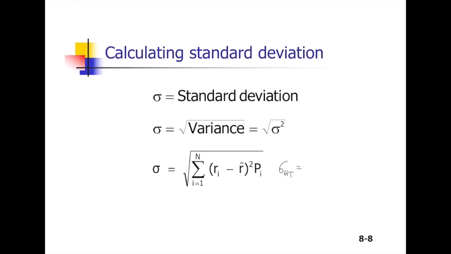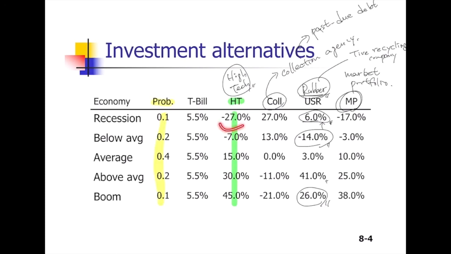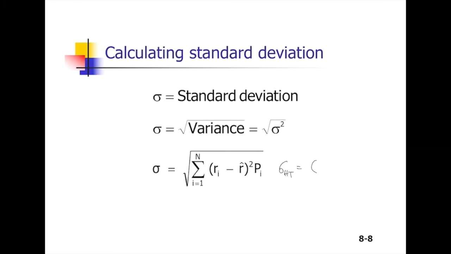Firstly, we input the case when the market is in recession. So what is the number? In the market recession, the expected return is here, right? When the market is bad, the high-tech company has this amount of expected return. So I can write this down as minus 0.27, and subtract what? R hat.